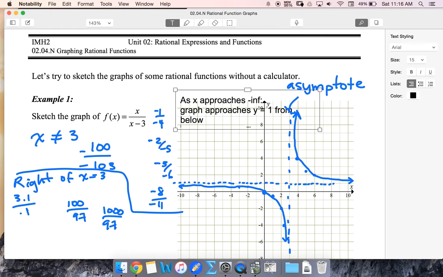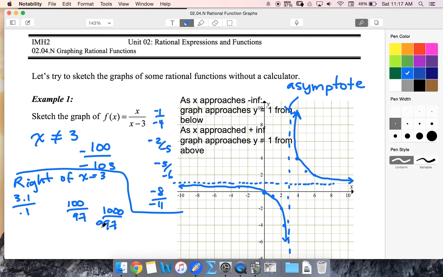The opposite side, as x approaches positive infinity, our graph approaches y equals 1 from above. So we were getting closer and closer, but always our numbers were bigger than 1. So 1,000 divided by 997, sorry, this should have been 997. These numbers are close to 1, but bigger than 1.